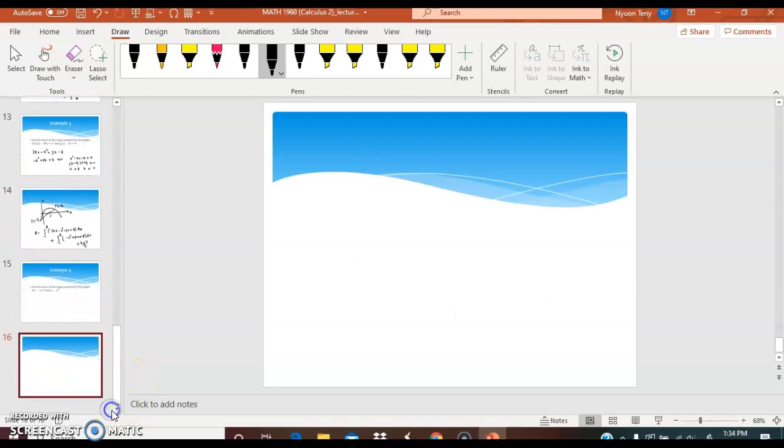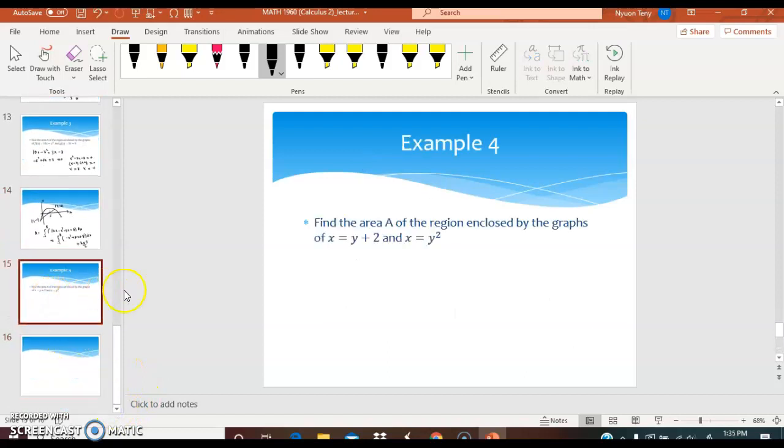So we do the last example. We want to find the area of the region enclosed by the graphs. First we want to find the point of intersection. I have y squared minus y minus 2 equals 0.